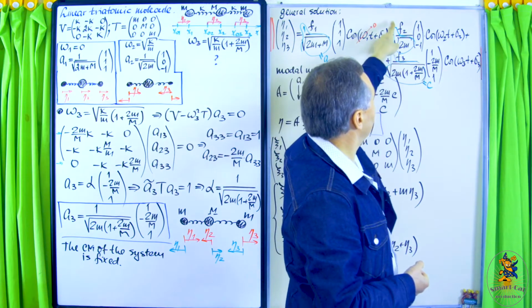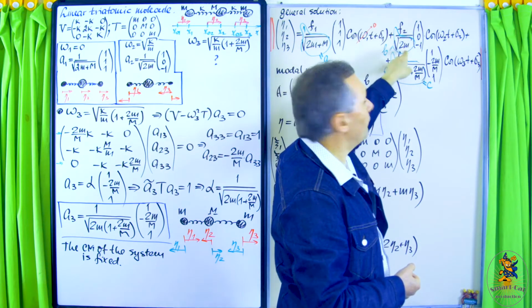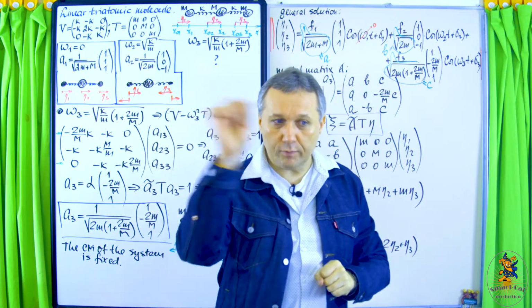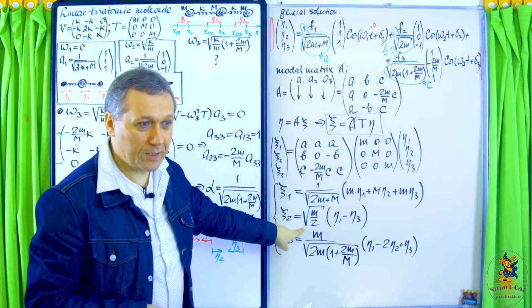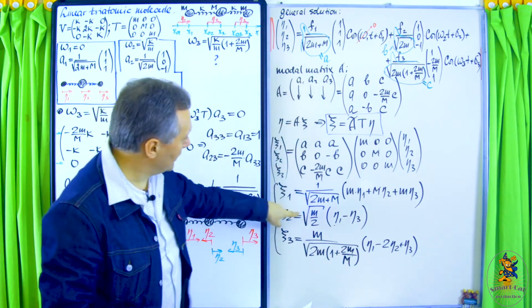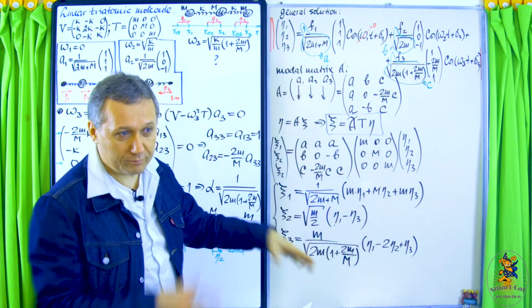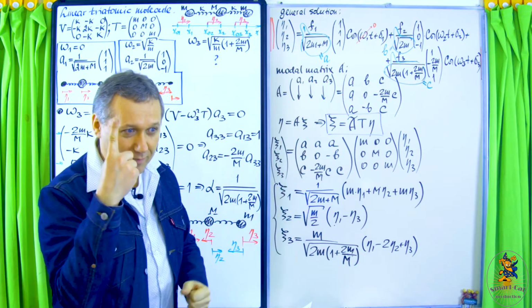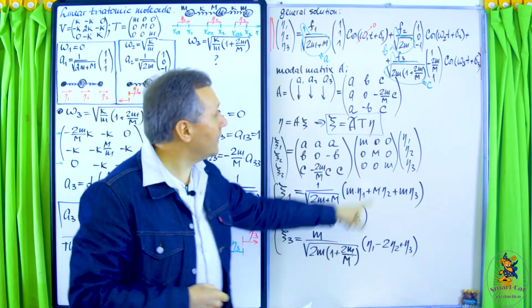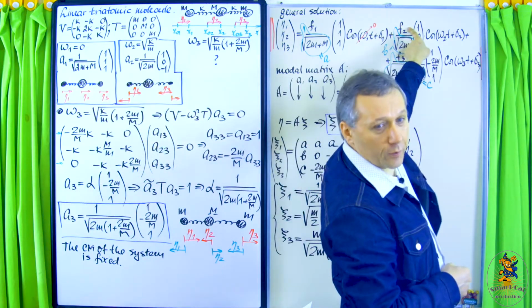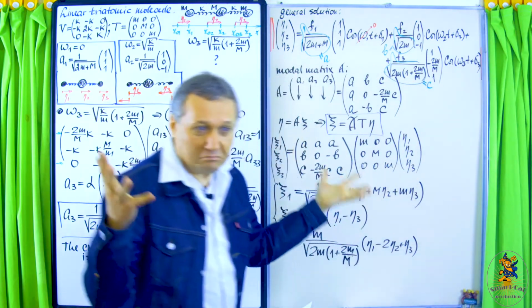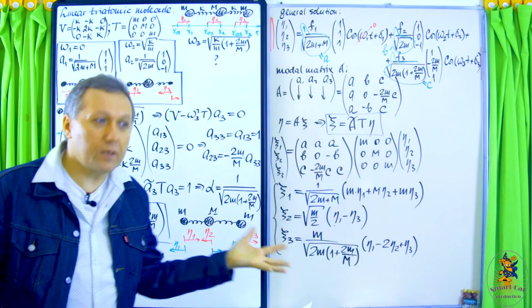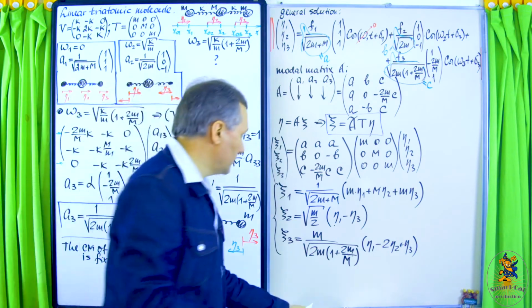So you will get over here square root of 2 over m. Now let's see what we have in front of this. There we had 2 over m. Here we have a square root of m over 2. You will get just 1, and this factor of 2, of course. So it will be f2 times that time dependence. That's what we wanted. That's what we originally planned to get.